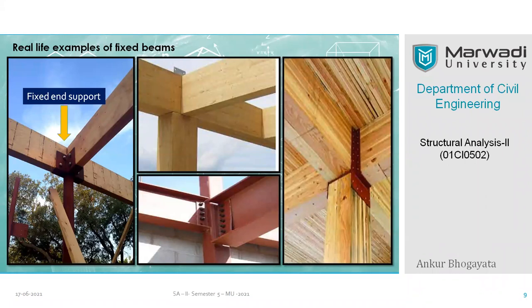Let me give you an example. You may have seen the lintels or the chajas on windows, right? Lintels are actually inserted inside the brick wall. Some portion, let us say not more than 4 to 5 inches of the lintel, is inserted, encased inside the wall itself.